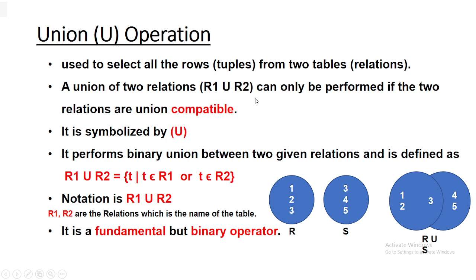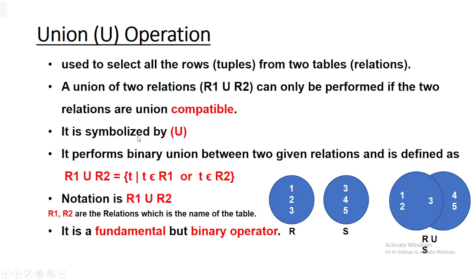So if R1 and R2 are two tables and both tables have two columns, then the type of the first column should be the same, which could be character or number. In a similar way, the second column should have the same type. Then and only then you can say both tables are union compatible.